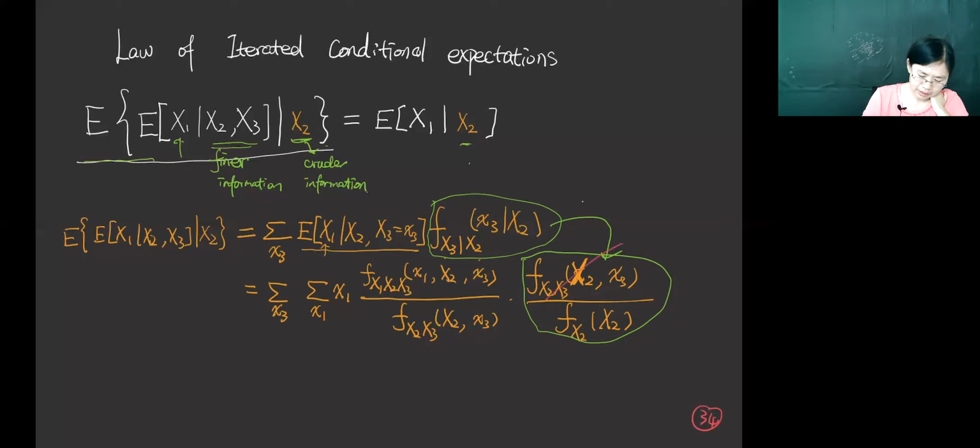So we are left with a sum over x3, sum over x1, x1 times the joint distribution of x1, x2, x3, divided by the marginal distribution of only x2.